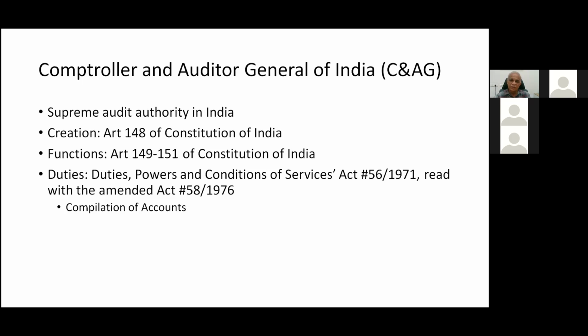So when accounts and audit functions were separated, the accounts were under the then financial commissioner, what we now call member finance. Later the compilation was retained with the railways only. This is the peculiarity of the railway accounting system.